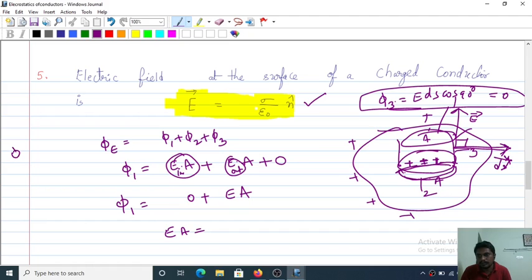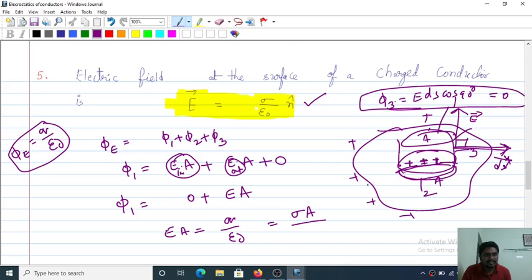According to Gauss law, the electric flux through a closed surface is equal to 1 by epsilon naught times the charge enclosed. So E into A equals Q by epsilon naught. We can write the charge as sigma into A, because it is a surface charge density: the charge is distributed over the surface, so sigma is the charge per unit area.